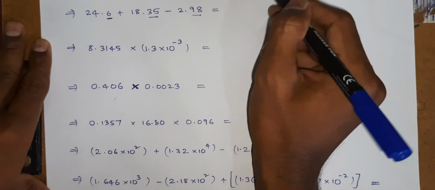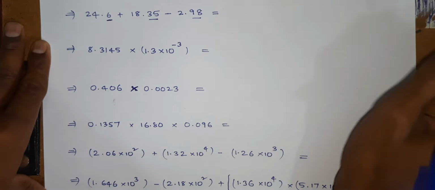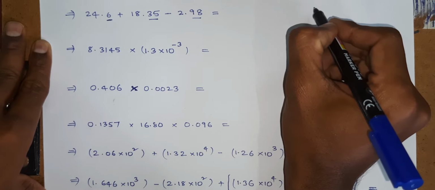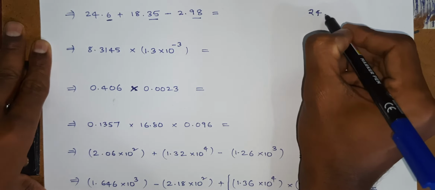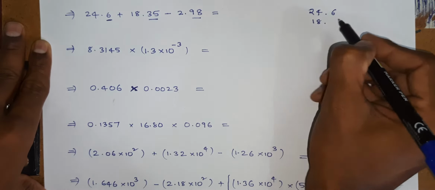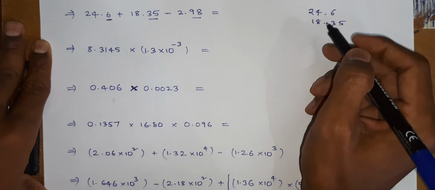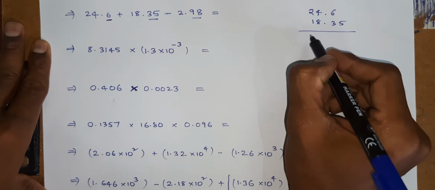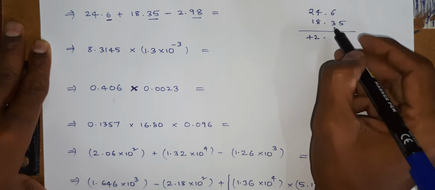Okay, so if you do this, 24.6 and 18.35. If you add both, you will get 42.95.